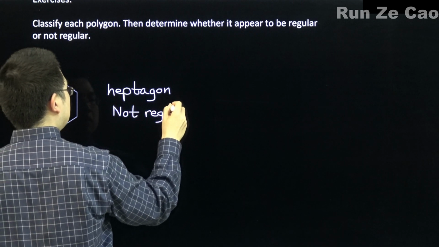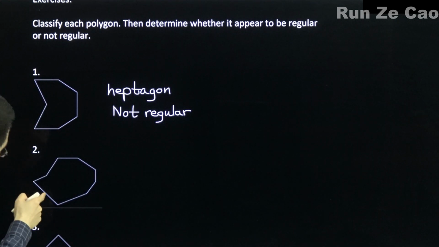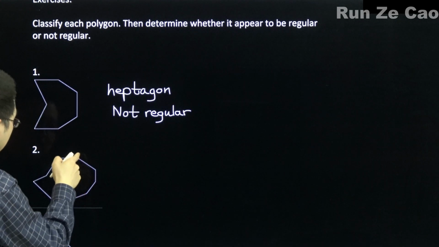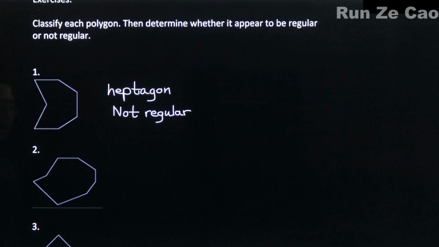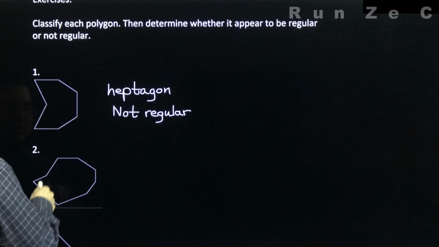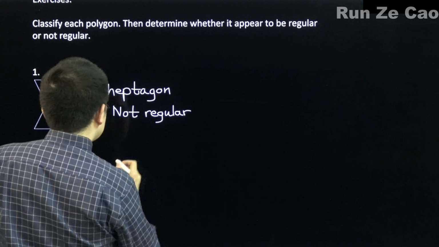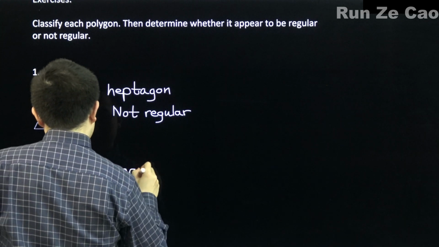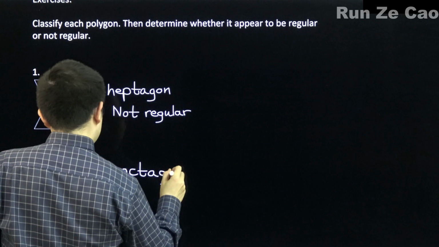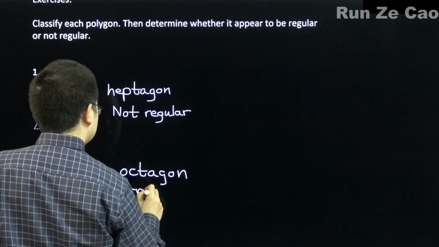This shape here, 1, 2, 3, 4, 5, 6, 7, 8 sides. And it is very visibly not regular, since not all sides are equal, and not all angles are equal. So this is an octagon.